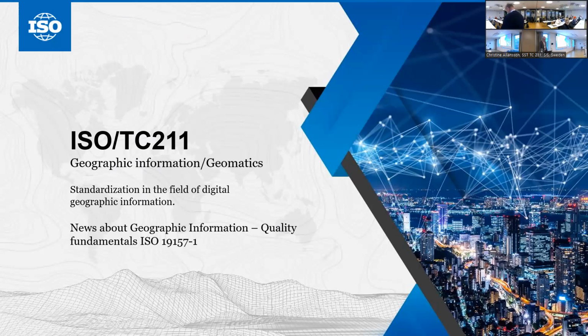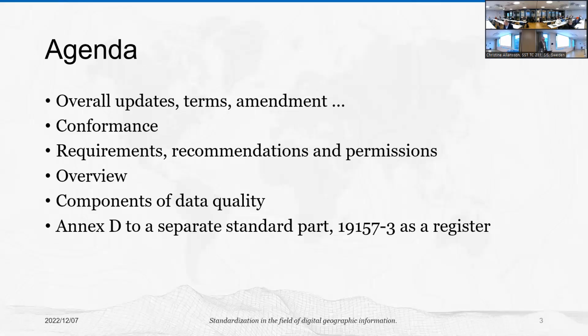I work at Lantmäteriet with cadastral quality and some other things, specifications and so on. And I'm project leader with Ivana for this project. I will talk about some overall things about updates, terms, and the old amendment, and then new descriptions of how to check conformance to the standard with requirements, recommendations, and permissions, and how it works.